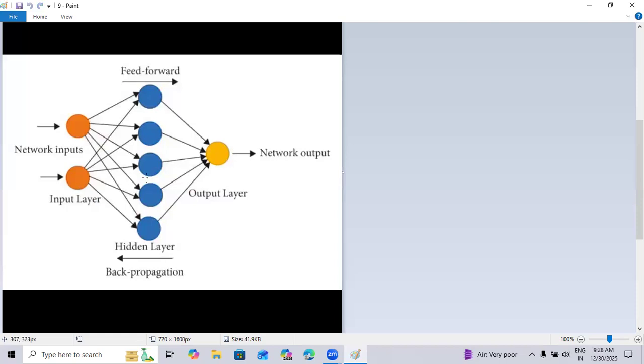Forward propagation means passing input data from the input layer to the output layer to get a prediction. It means we pass the data from the input layer and get the output from the output layer.